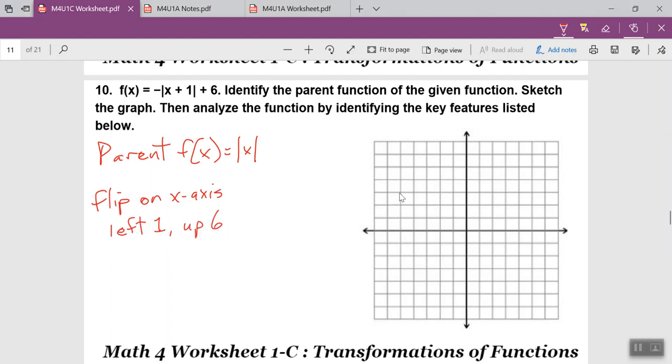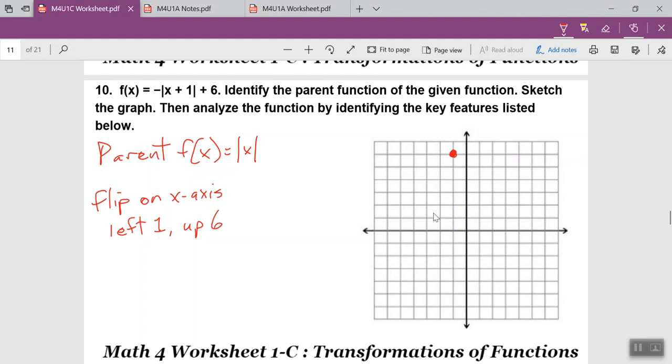So I guess first of all we need to figure out where it starts at the origin, and we're going left 1 and up 6. 1, 2, 3, 4, 5, 6. And this thing is flipping down, not up.